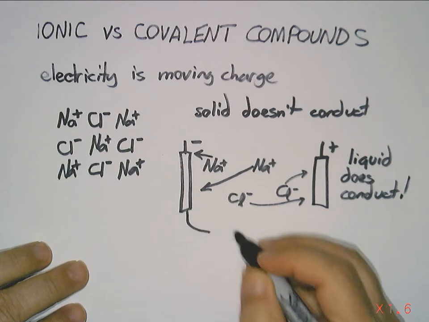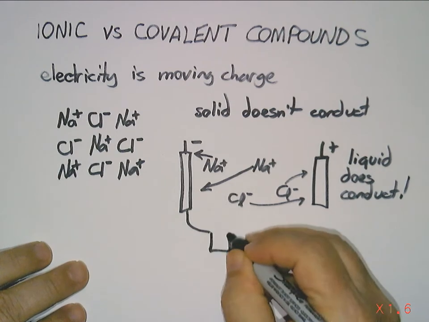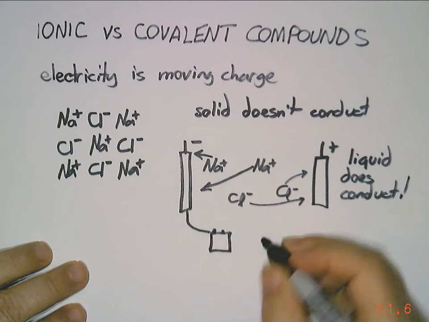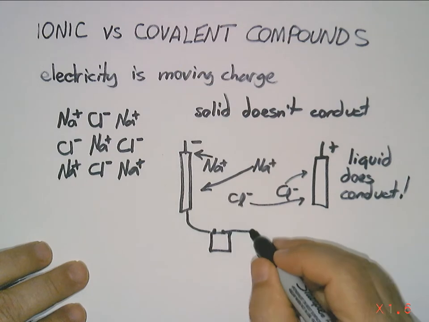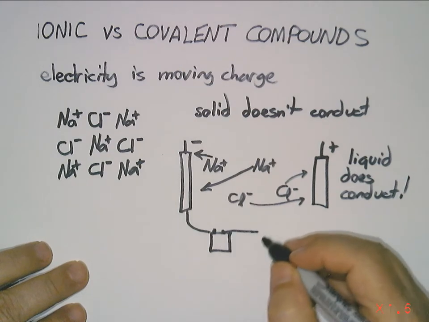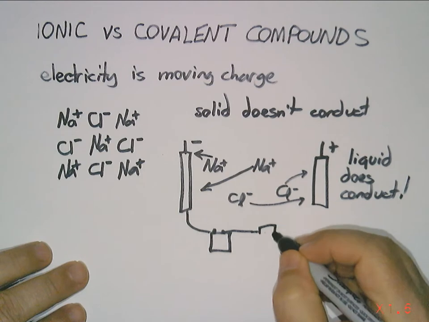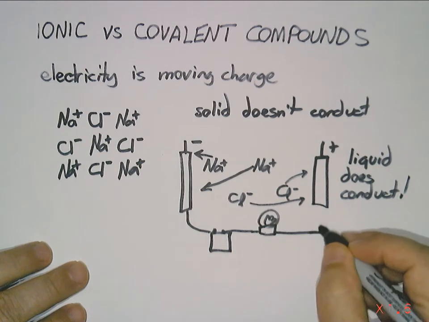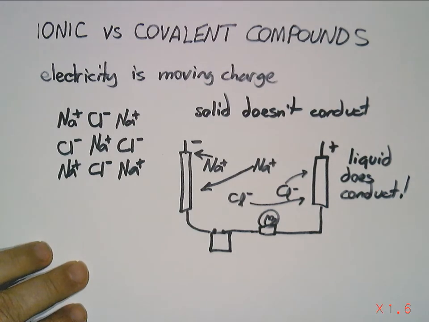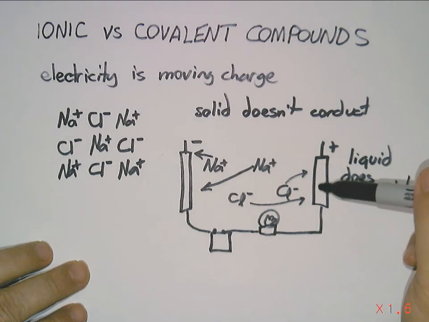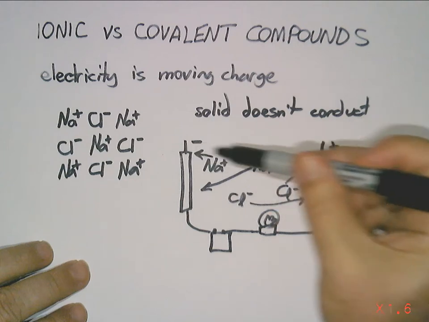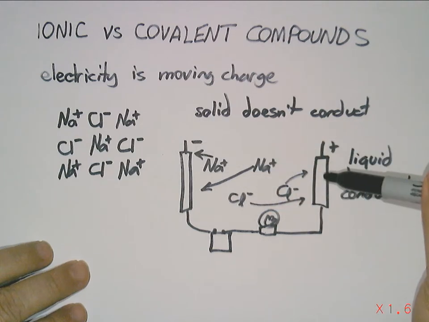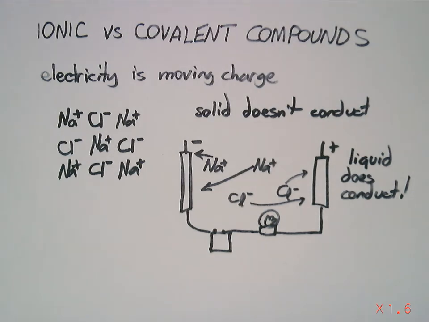Well, maybe you've got a battery hooked up to this, and hooked up to the battery, maybe you have a little light bulb, and these ions are completing the circuit. They are carrying charge across the void between these two plates, and you'll see that the light will light up.